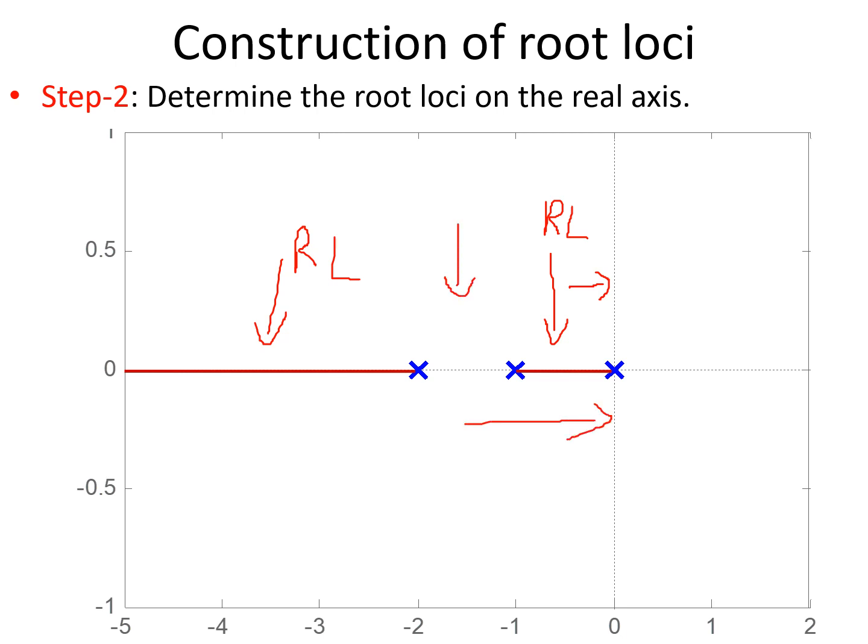If you count, you have 2 poles, so that means it is even. In such cases I will not have any root locus, so here I am writing NRL, no root locus.